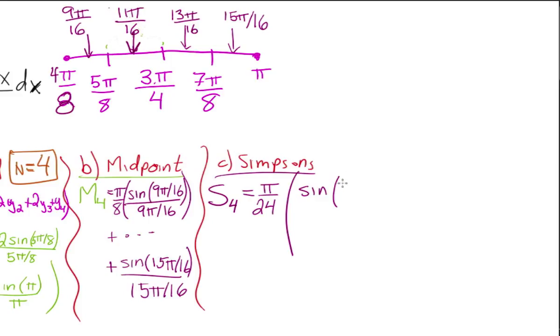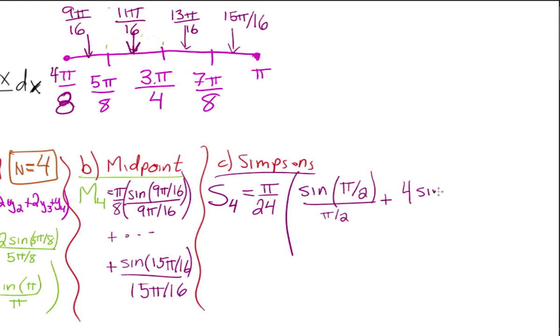Okay, so if I'm doing Simpson's rule, it would be sine of the first value, pi over 2, over pi over 2, plus 4 times, because it goes 1, 4, 2, 4, 2, 4, 2.